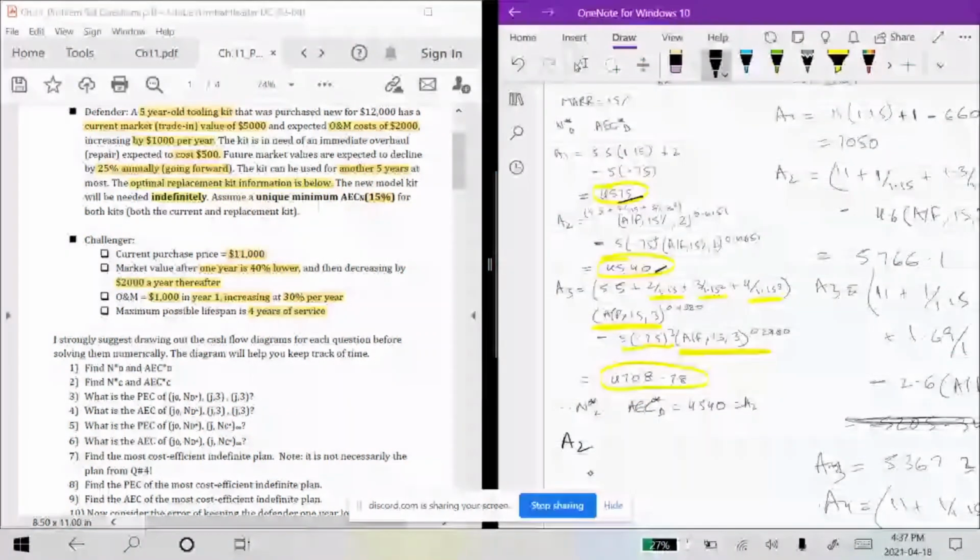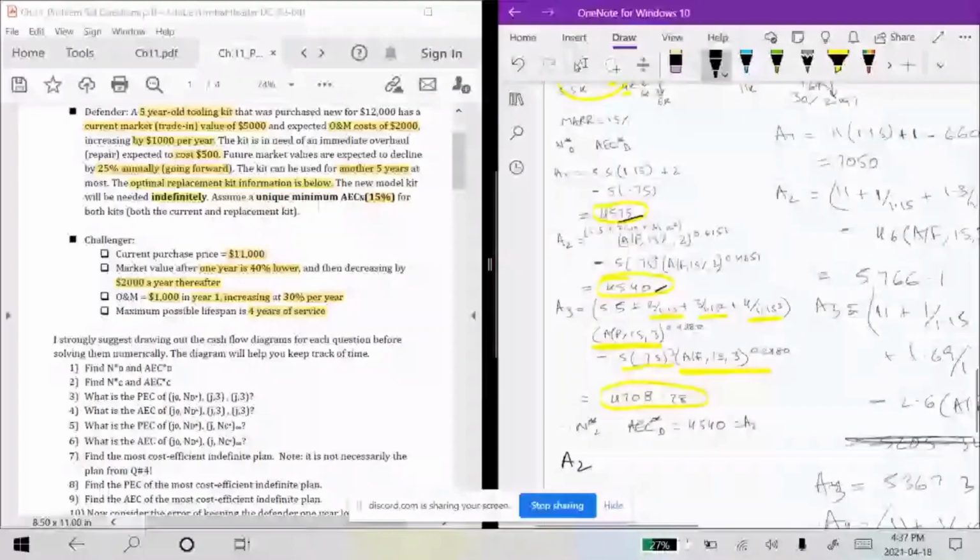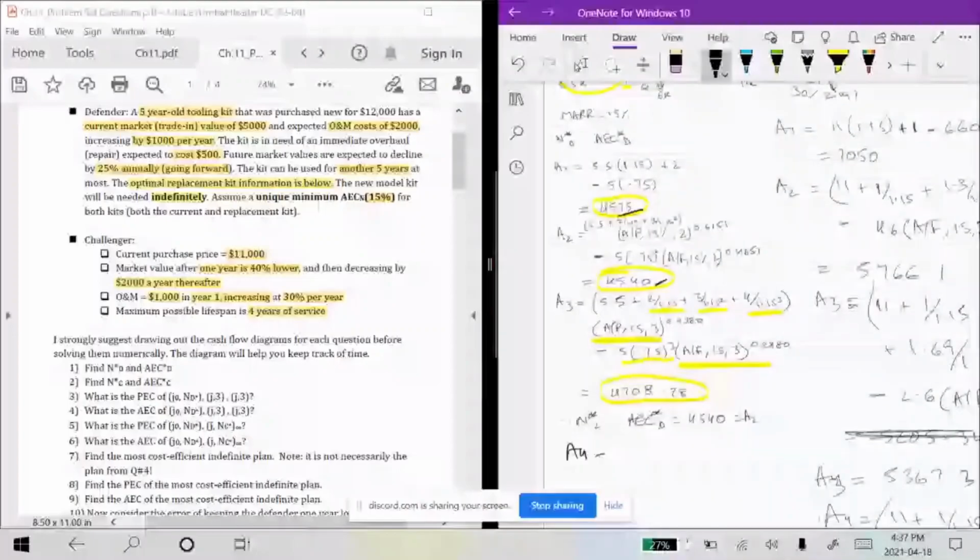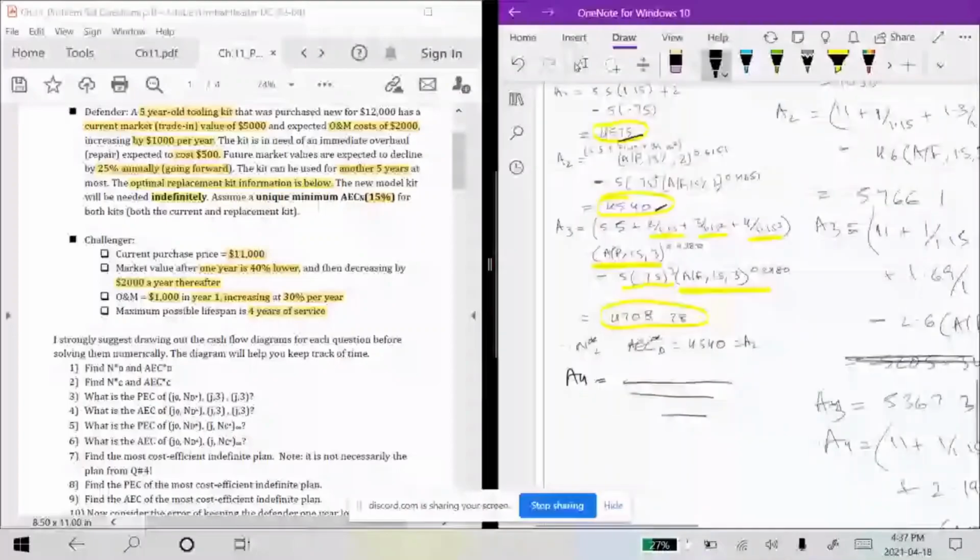If A3 were less than A2, we would find A4 and compare whether A4 is less than A3. In this case, A2 was 4540, less than 4708, which was A3.